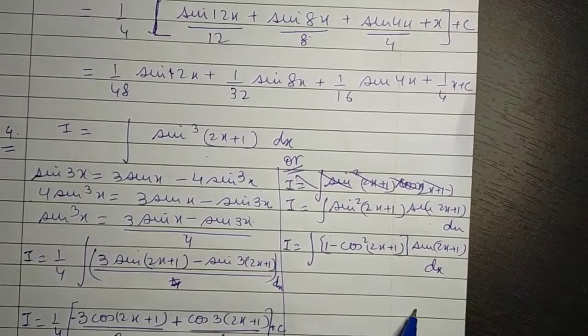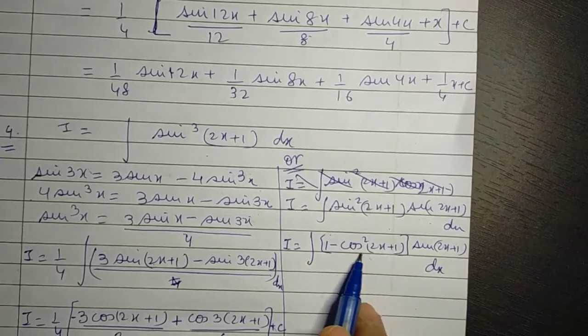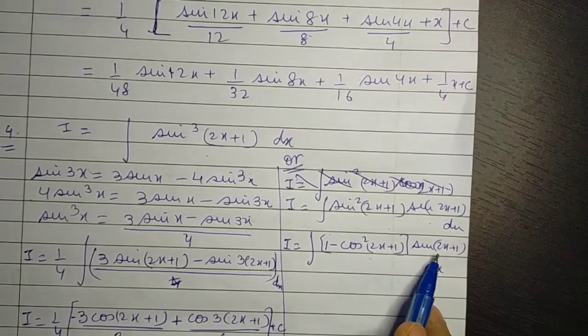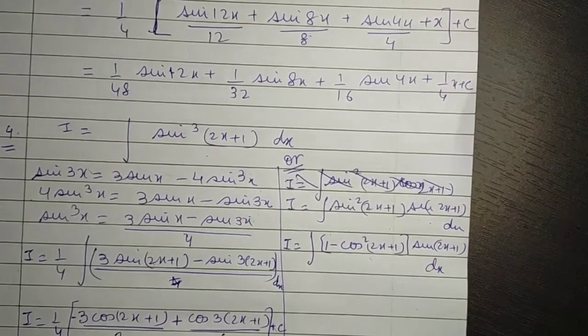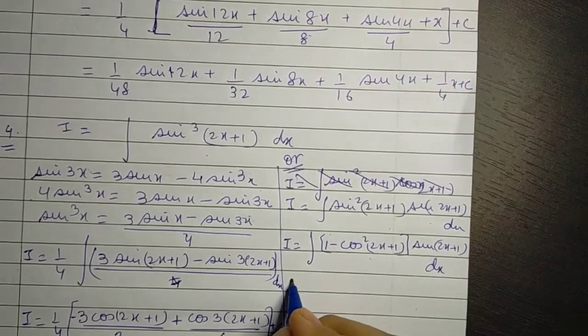Now why have we done so? We have done so because we know that the derivative of cos(2x plus 1) is sine(2x plus 1). So we can make use of substitution and do the solution accordingly. So what do we get?